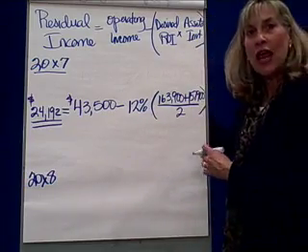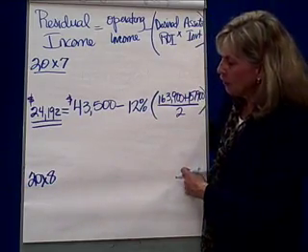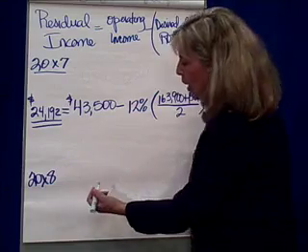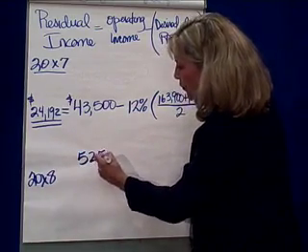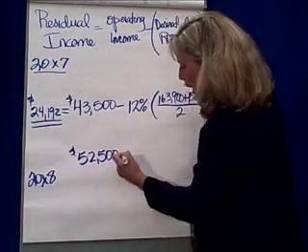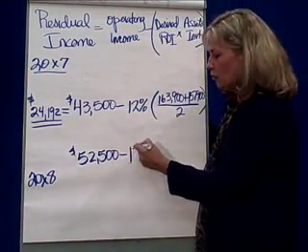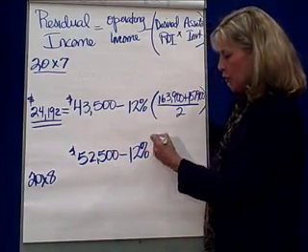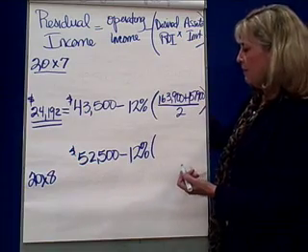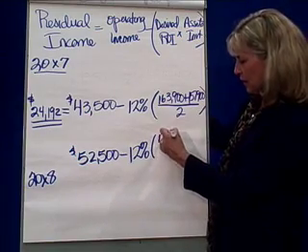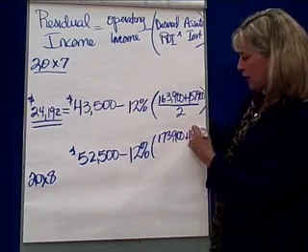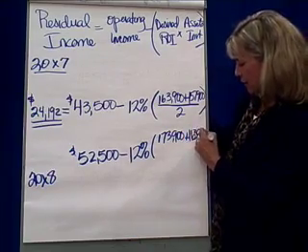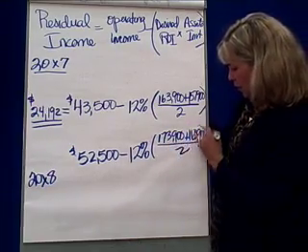In 2008, let's take a look. Operating income in 2008 was $52,500. Again, we set a targeted goal of a 12% desired return on investment, and my assets were $173,900 at the end of the year, plus $163,900 at the beginning of the year, divide by 2.